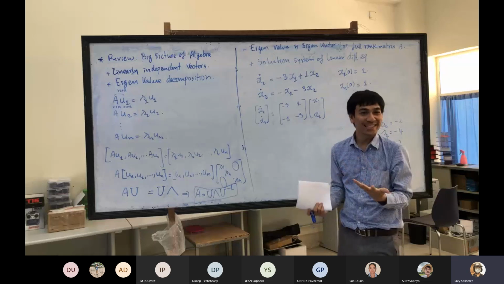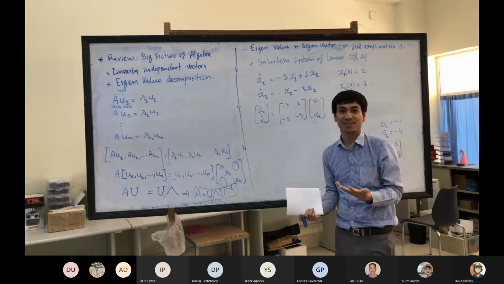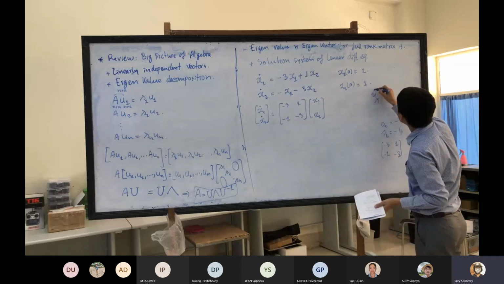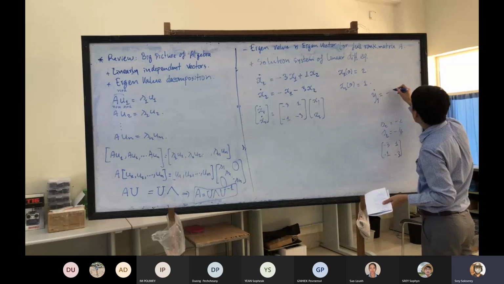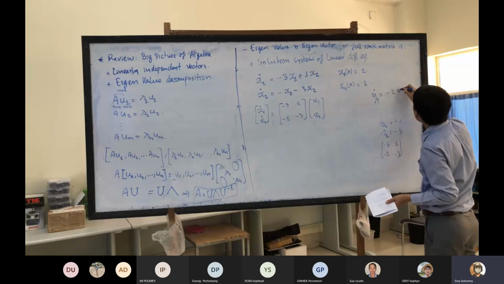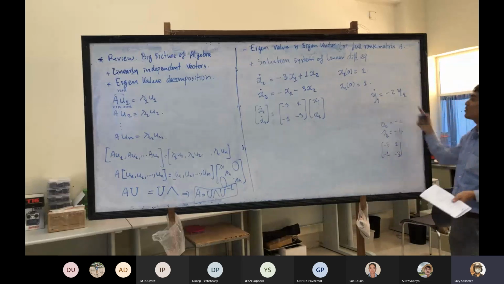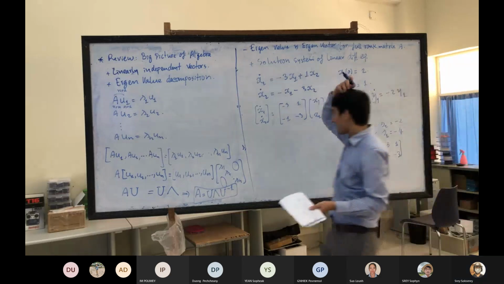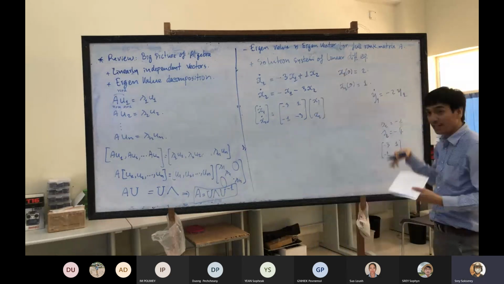It's easy to solve. Let's say if you have y1 dot equal to, let's say, minus 2y1. Can you solve this equation? It's very easy. So that's why here we use the eigen problem.